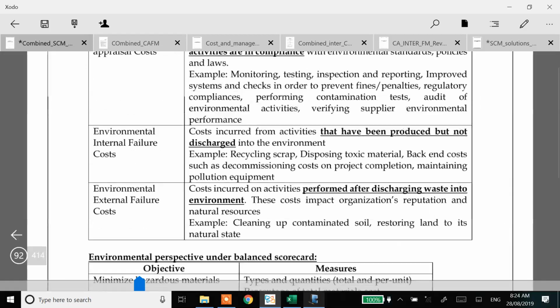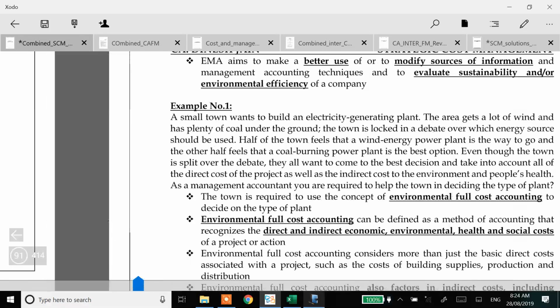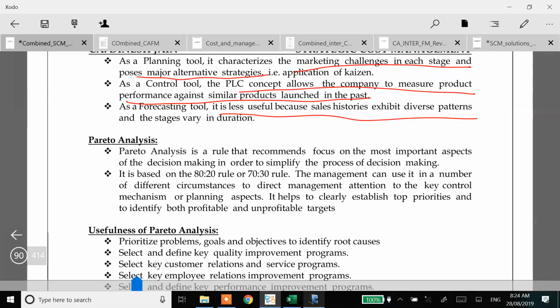So now I can implement Pareto's analysis for pricing decisions. I can implement it for inventory control, for product distribution, or also for customer profitability analysis, which customers are important: finding the 20% of the customers who contribute to 80% of the profits.